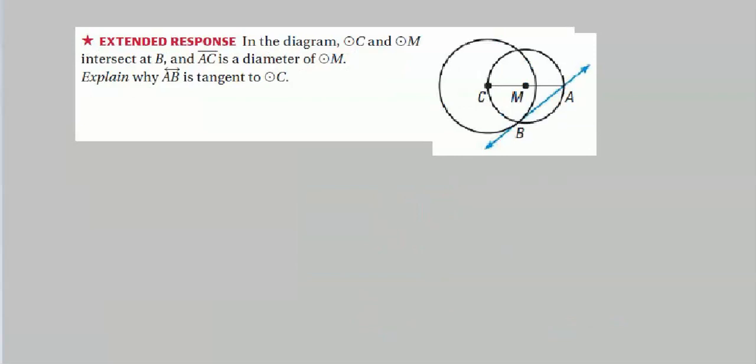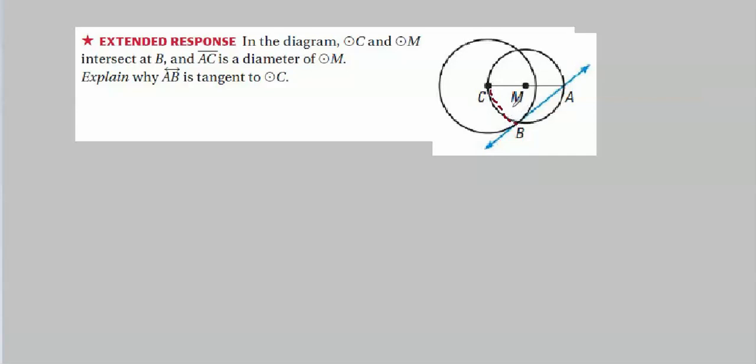Now in this one, they'd like us to show why AB is tangent to circle C. Well, what's the easiest way to show that something is tangent? In fact, it's one of the only ways I can think of that we know about in this class: to show that it's perpendicular to a radius. In other words, we draw a line from the center to the point of possible tangency.